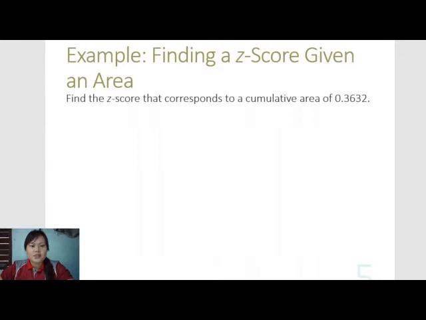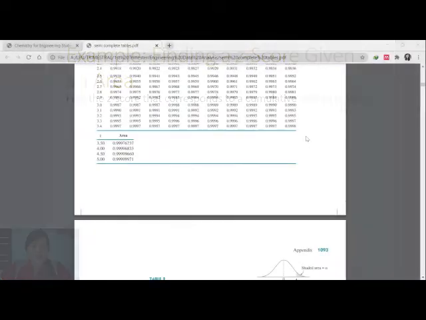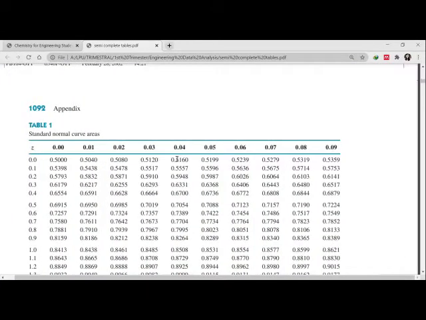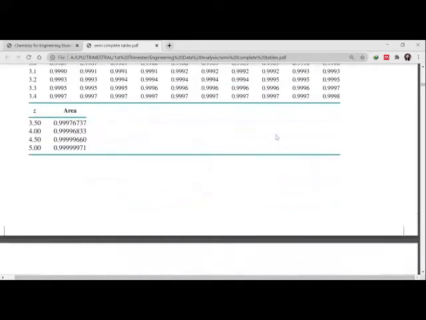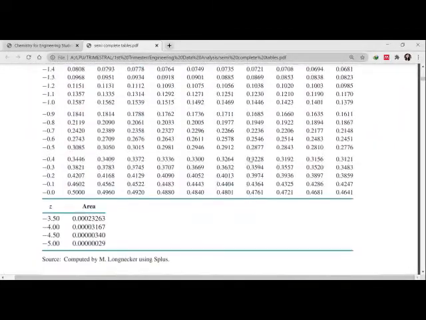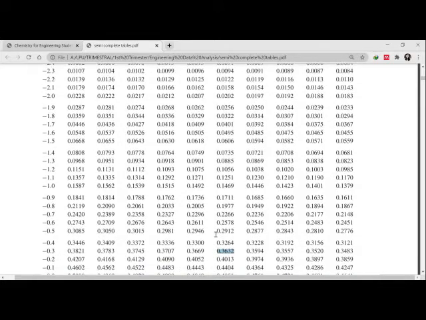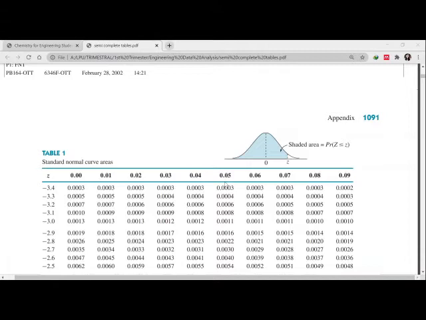Find the z-score that corresponds to the cumulative area of 0.3632. To find that z-score, we just have to check on our z-table. Okay, let's look for it in the table now. 0.36, let's zoom in a bit. There's none in the positive side, so let's try the negative. 0.3632 is here, and its value is negative 0.35.